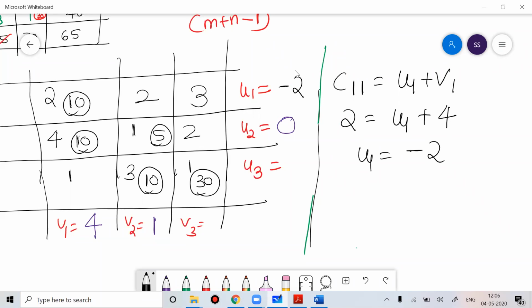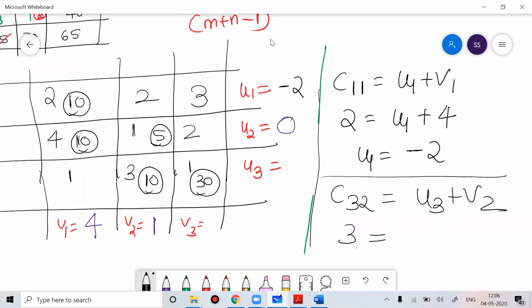And similarly, I can find the value of V3. To find that, how can I find the value of U3? So now I can take C32, that is U3 plus V2. C32 is equal to 3, U3 we don't know, V2 is 1. So with that I can find the value U3 equal to 2. Anyone have any doubt?